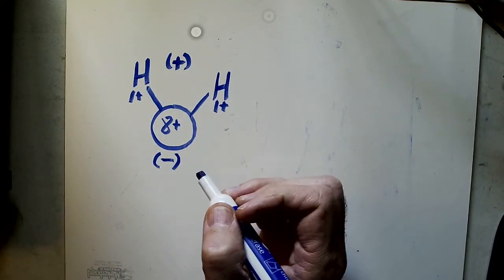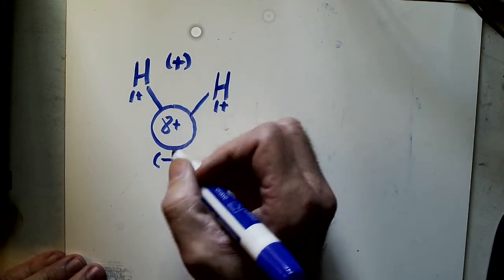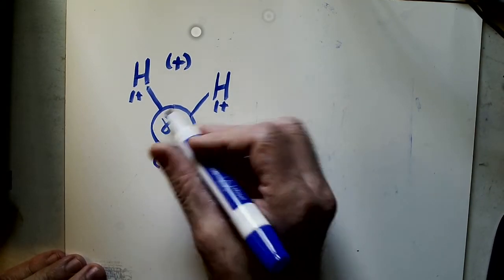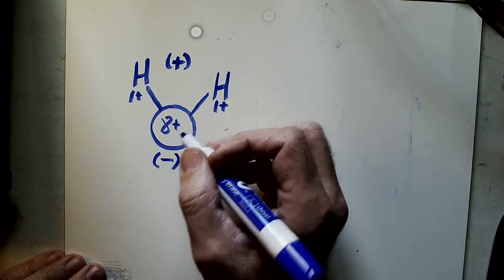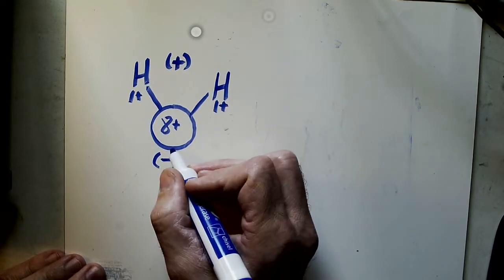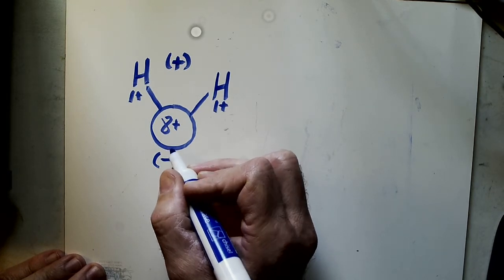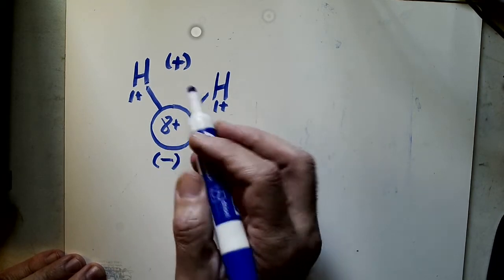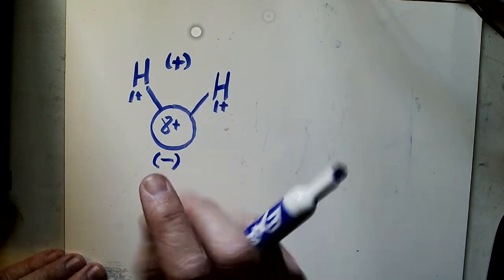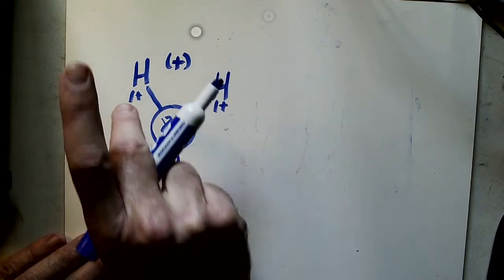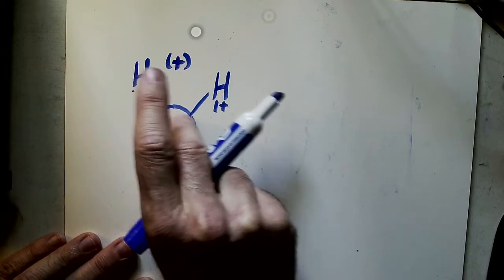And since electrons are negatively charged, the electrons spend more time around the oxygen atom, which makes the oxygen side of the water molecule negatively charged, okay, and the hydrogen side positively charged. So I'm going to erase this for now.